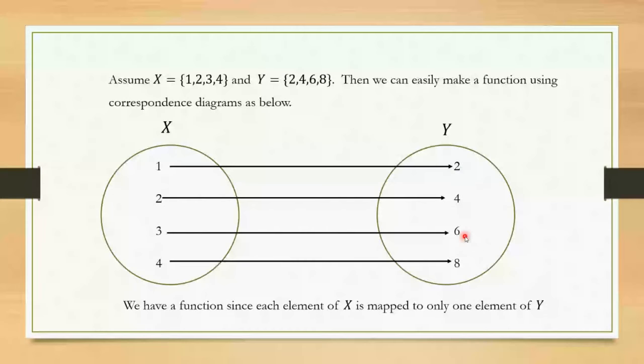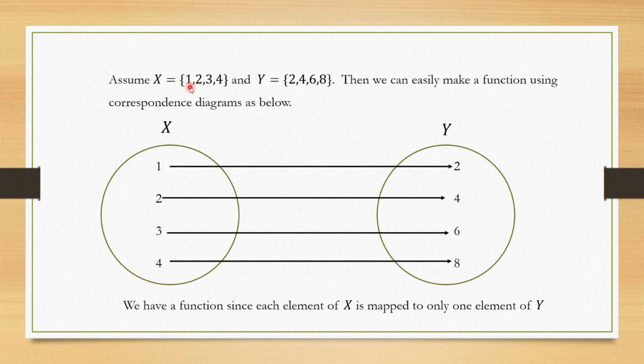Then we have a function. The arrows here you can almost think of as our machine, so to say, or the rule. The rule says that 1 is assigned to 2, 2 is assigned to 4, 3 is assigned to 6, 4 is assigned to 8. We have a function.